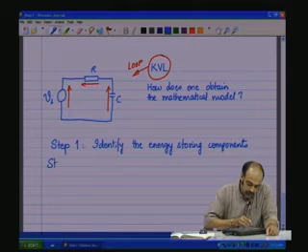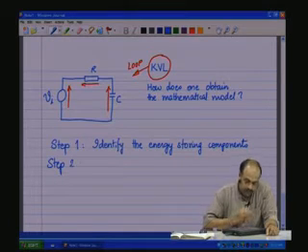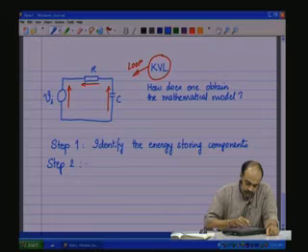The step 2 would be to identify the state variable.